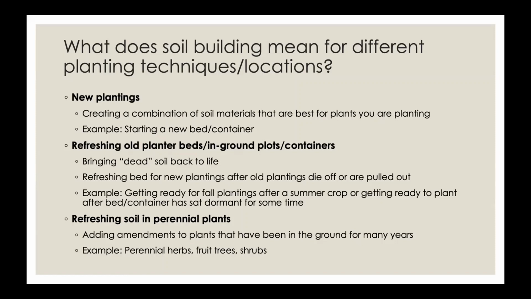Examples include planting for fall after the summer crop's been harvested, or a bed or container that's been unused for a while. It's been dormant and you want to bring it back. And then the third case is refreshing soil for perennial plants that have been in the ground for multiple years or seasons. Those would include things like perennial herbs such as sage and rosemary, fruit trees, any kind of tree, shrubs.